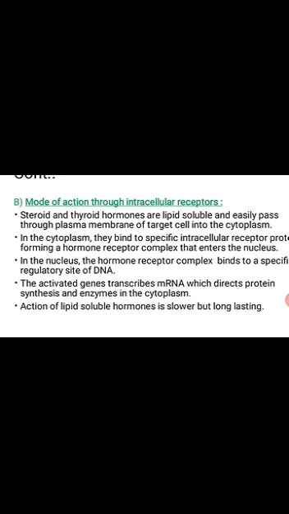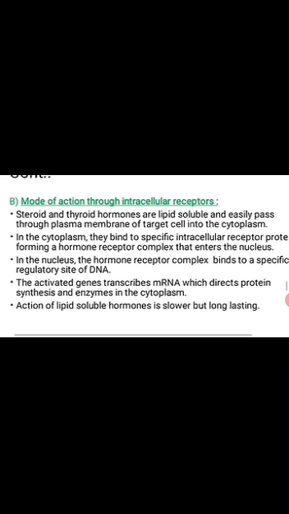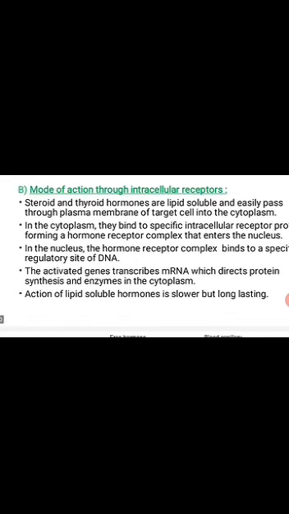They get dissolved by the lipid layer of the plasma membrane, so they easily enter the target cell into the cytoplasm. So the steroid and thyroid hormones directly enter into the cell through the plasma membrane.